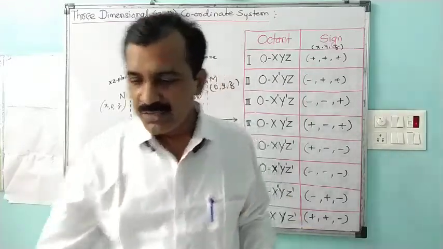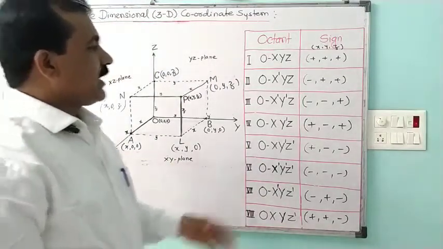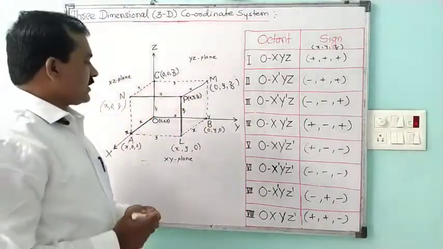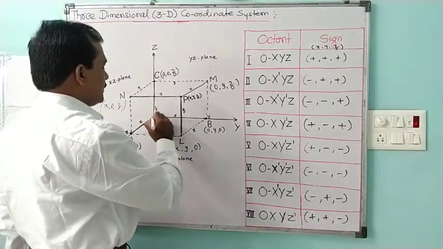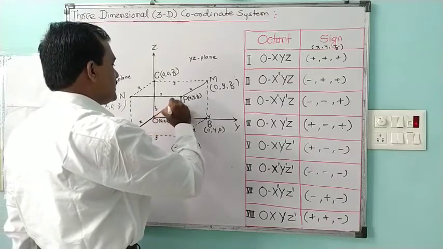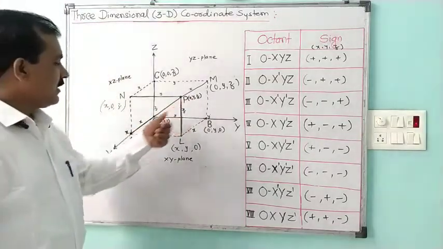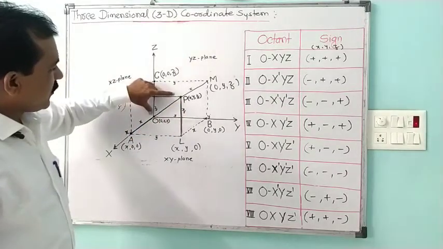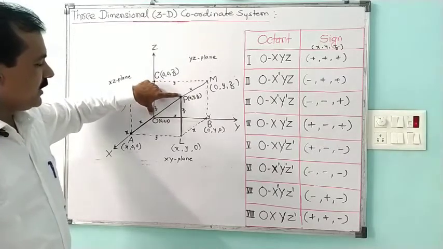Now when we have these 8 octants and we consider any point in these octants, our target is to get a simple formula when the point is in space. If I consider this point P and point O, what is the formula to get the distance from point O to point P?